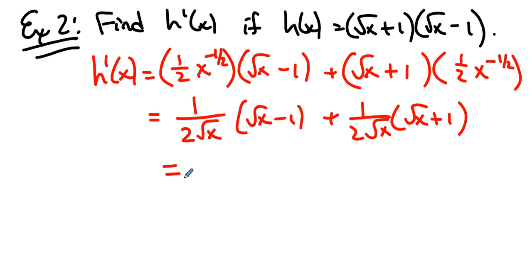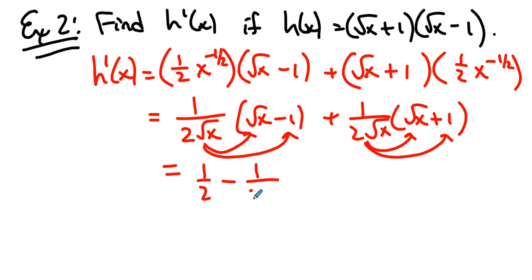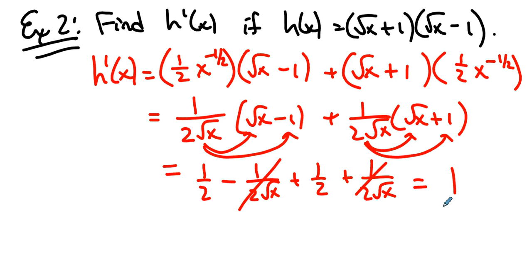Let's do a little bit of algebra. We can distribute, and we end up with 1/2 minus 1 over 2 root x plus 1/2 plus 1 over 2 root x, and these cancel, and you're left with 1. Now, is that surprising?